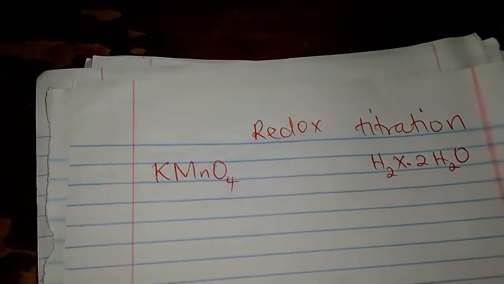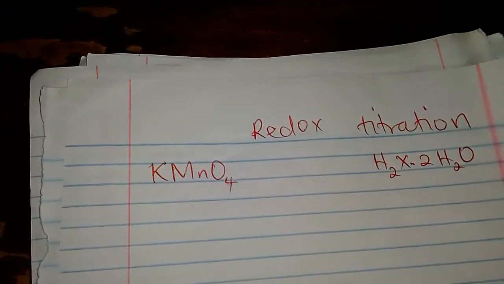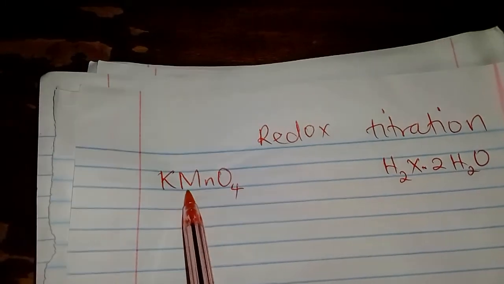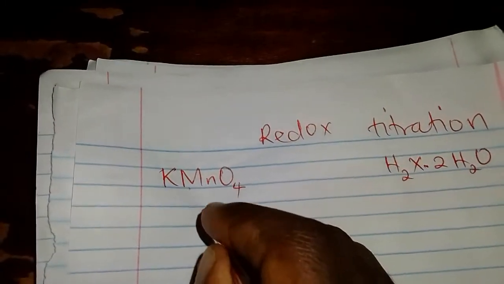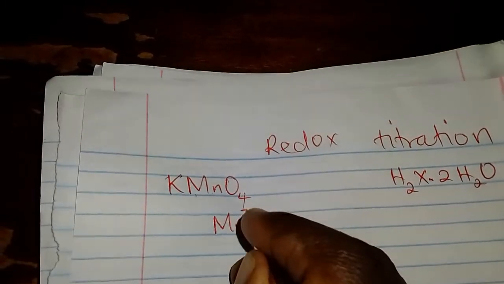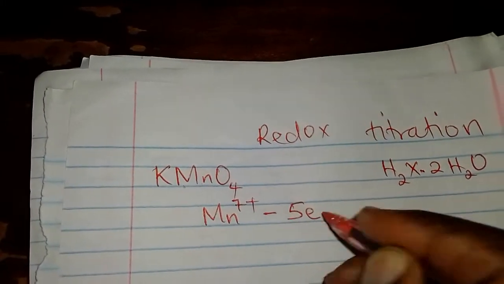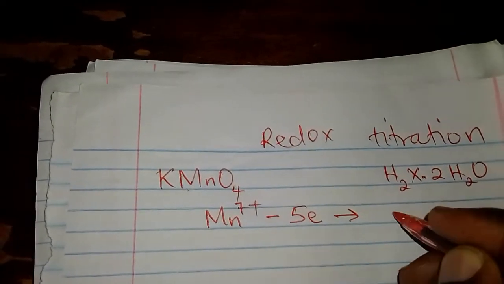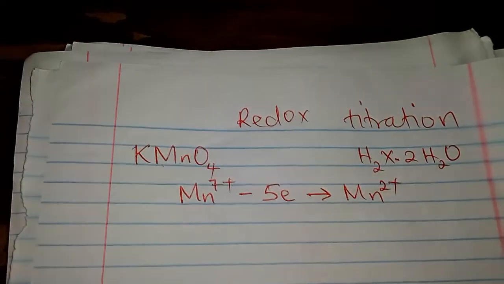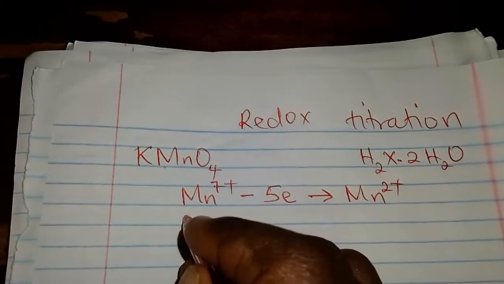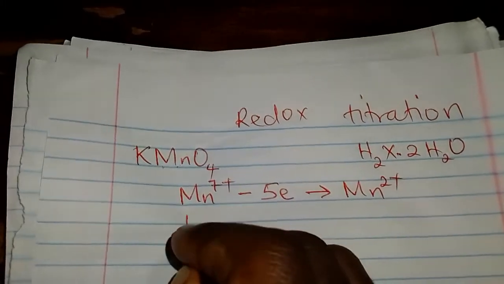For example, let me pick the oxidation state of this potassium manganate(VII) to be 7. So the manganate(VII) ions are going to gain 5 electrons to end up giving us the manganese(II) ions. The manganate(VII) ions are responsible for the purple color of this oxidizing agent.